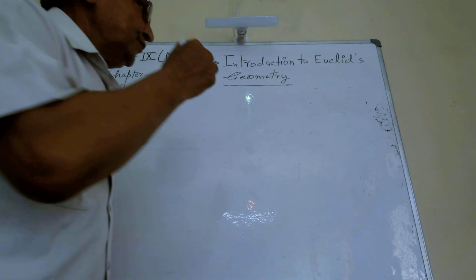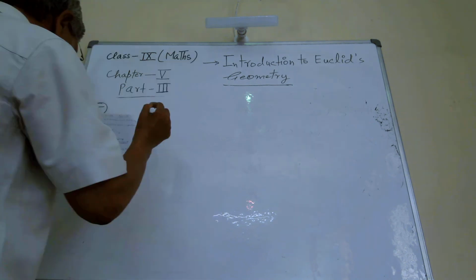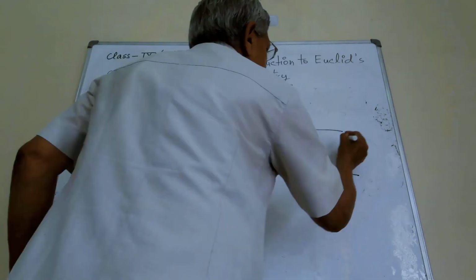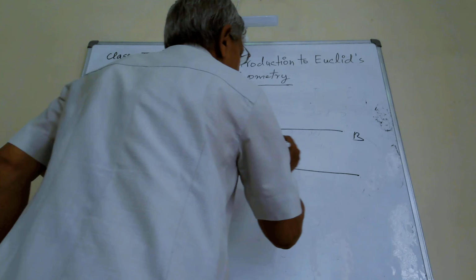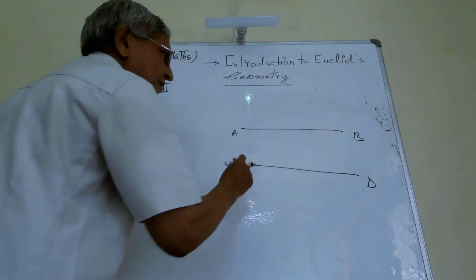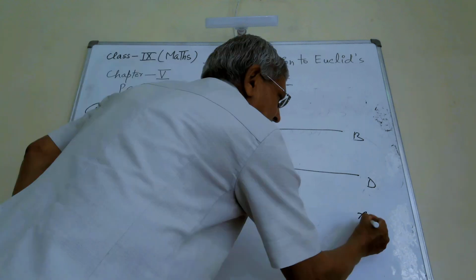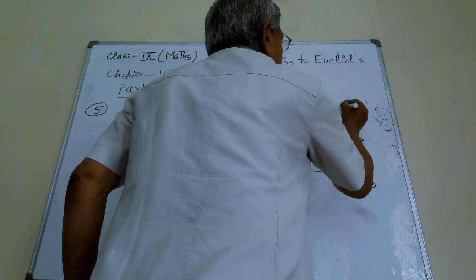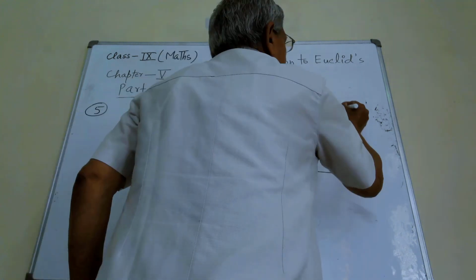If there are two lines, AB and CD, this is the first case. AB is parallel to CD.